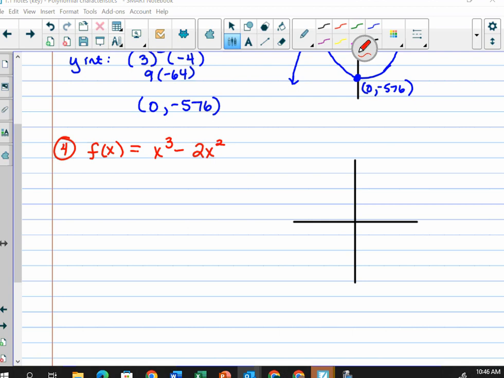Sketch your graph, chat with your neighbor. Do you match? Do you agree? Did you get it? You're stuck.